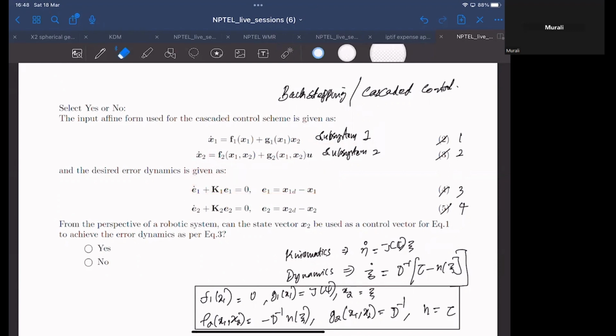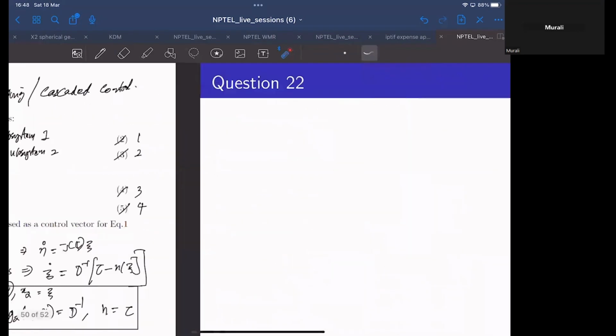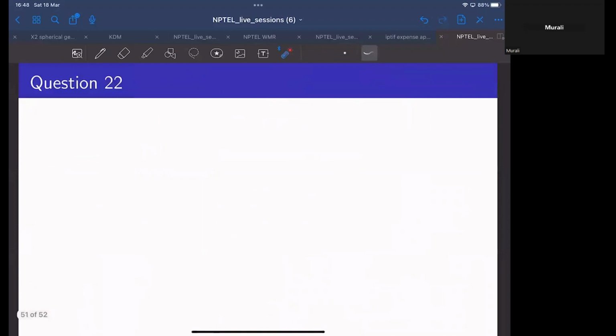Right? We want subsystem 1 to behave as per this error dynamics. Is that possible? So this can be fairly straightforwardly answered if you can get the grasp of this cascaded control.